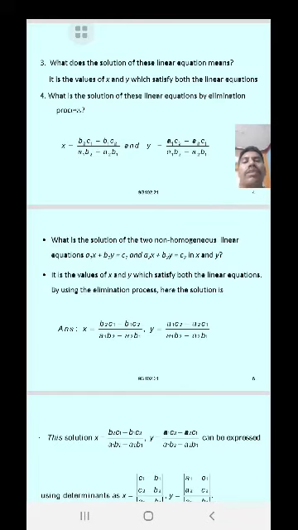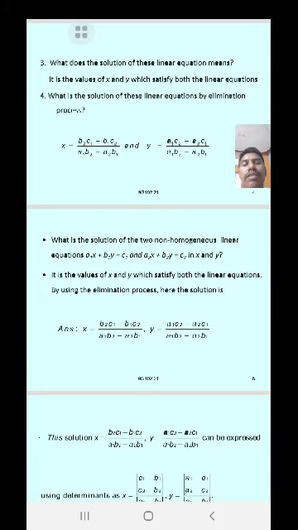What is the solution of the two non-homogeneous linear equations a1x plus b1y equals c1 and a2x plus b2y equals c2 in x and y? It is the values of x and y which satisfy both the linear equations by using the elimination process.